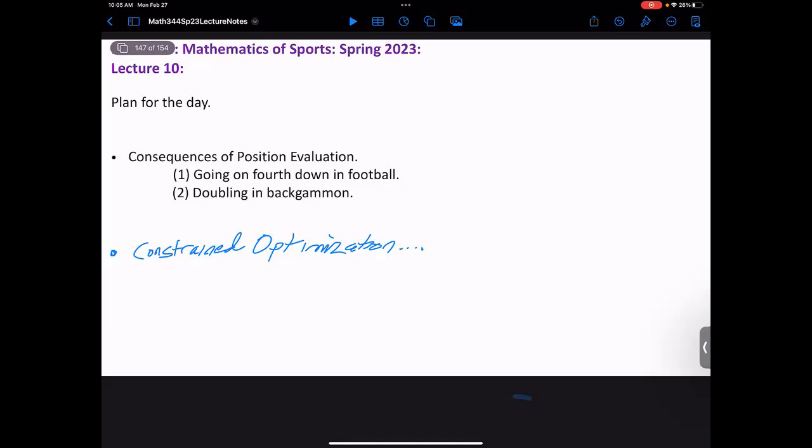We need more information about the players. We need to know how many sacrifice flies do they have? How many fielder's choices do they have? And these things can become important. So again, we're trying to figure out the relative value of different configurations that lead to the same numbers.